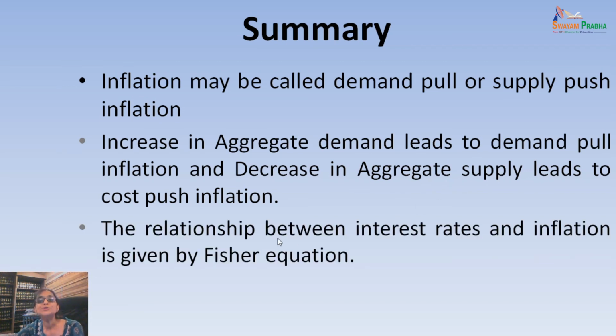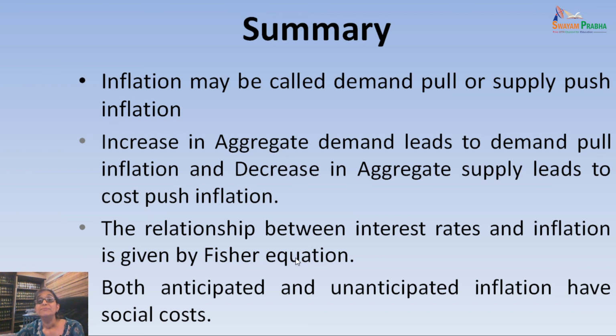We also understood the relationship between interest rates and inflation rate, which was given by the Fisher equation. What is the Fisher equation? It said nominal rate of interest is equal to real rate of interest plus the inflation rate. Then we have seen that inflation adversely affects people.